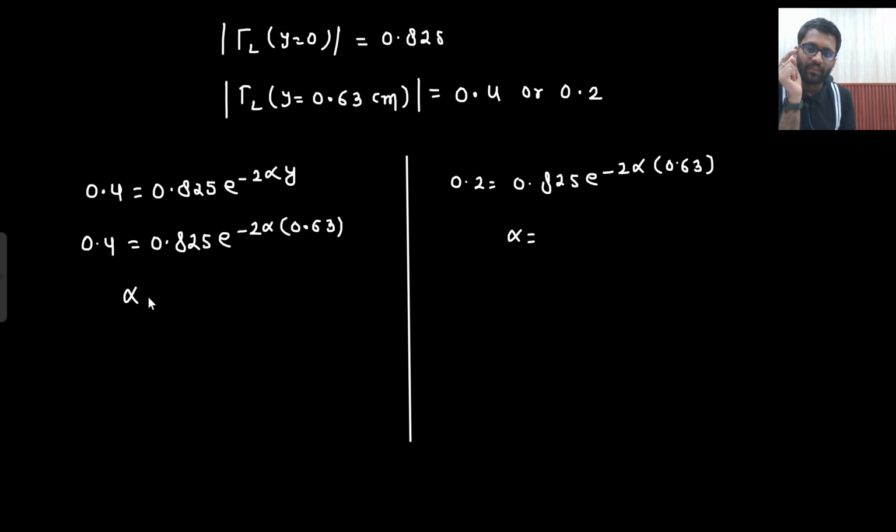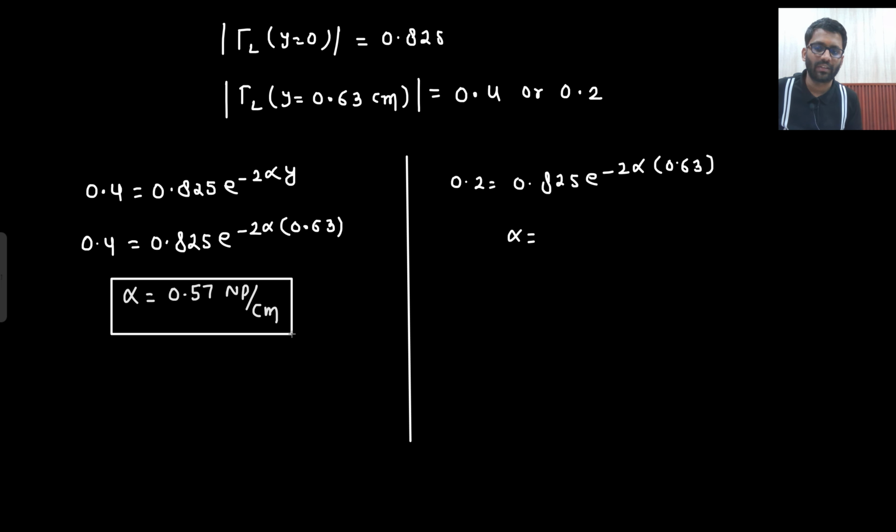From here as well you will get the value of alpha, so let's check that out. Alpha equals ln of 0.4 divided by 0.825, divided by 2, divided by 0.63, which gives 0.574, and certainly it will be in per centimeter, because this 0.63 lambda was in centimeter.